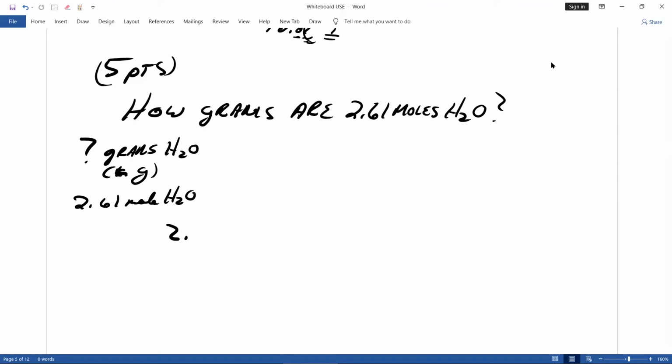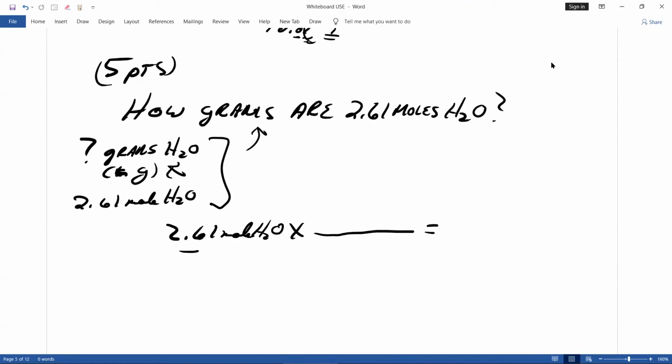This is the only thing I have to start with, because once I have this, I never have to look at this again. I have this, and if I have a conversion ratio, something over something, what units do I want to get to? Well, we figured that out. Grams of water.